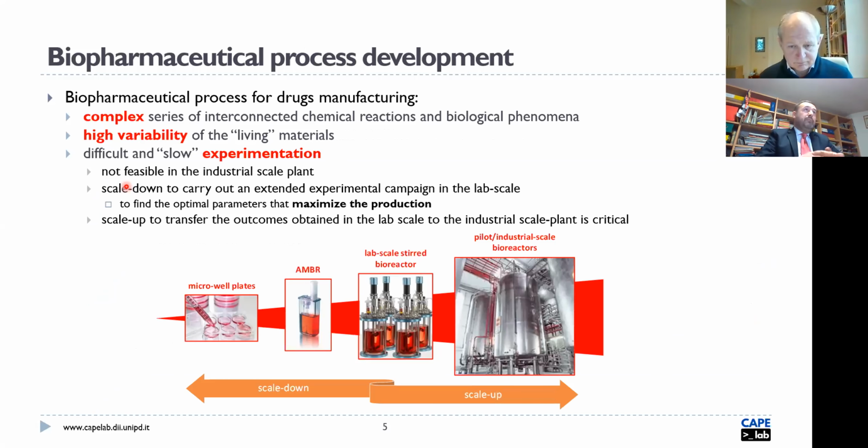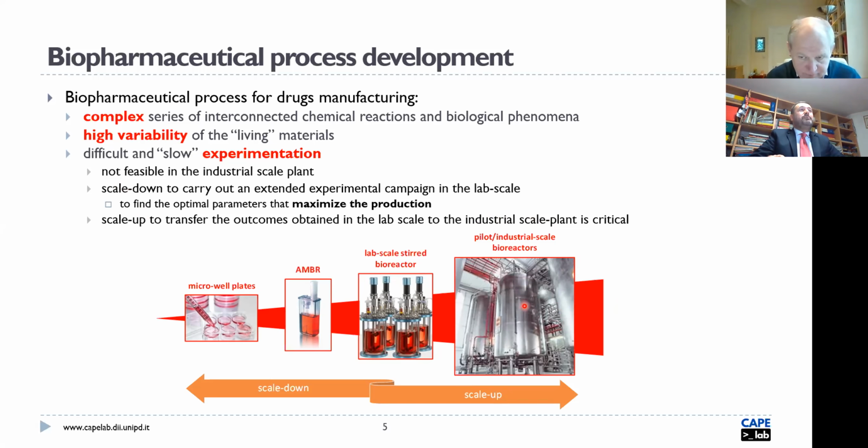The development in the biopharmaceutical industry is even more complicated if we think of the complex series of interconnected chemical reactions and biological phenomena. Furthermore, we are dealing with living materials, so we have to face high variability. Typically, extended experimentation cannot be carried out at the industrial scale.